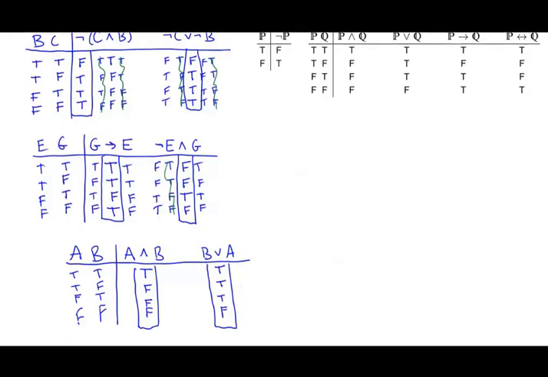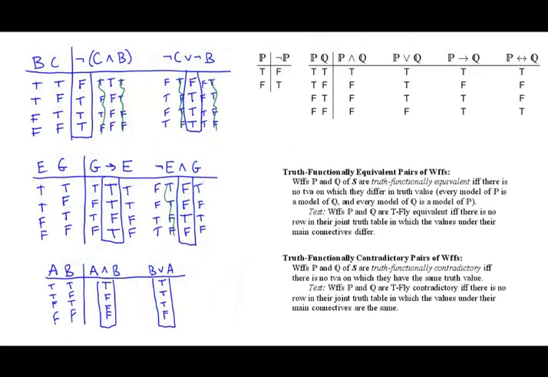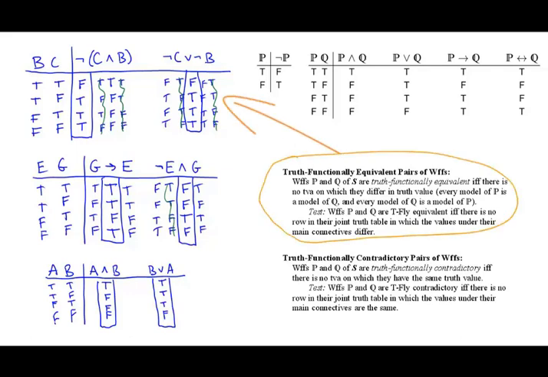Let me put the definitions of these concepts up. So what we have here now on the left are three joint truth tables. In each case what we're doing is comparing a pair of formulas. In the first one we see that the columns under the main connectives match. So the two formulas are truth functionally equivalent.